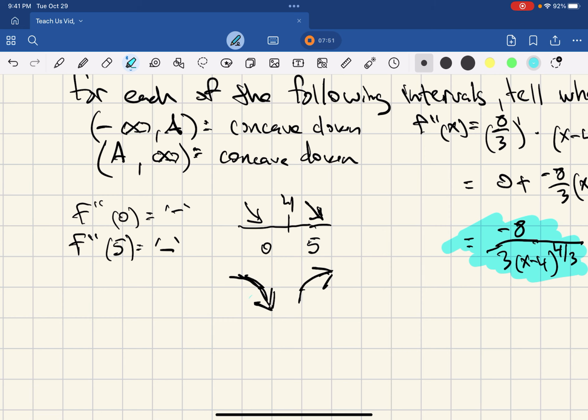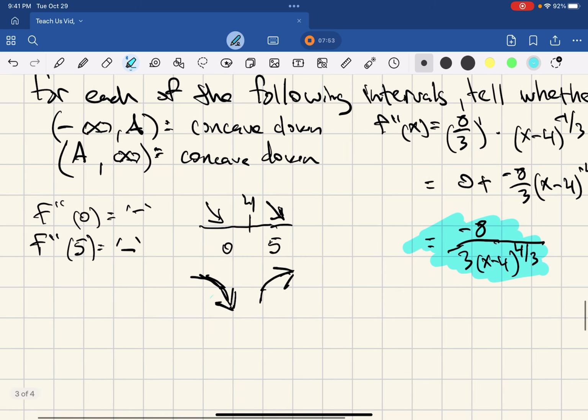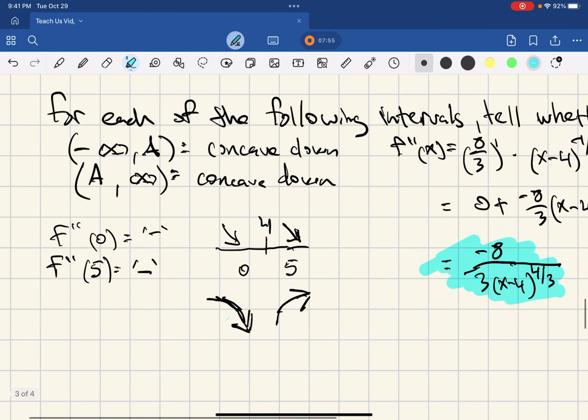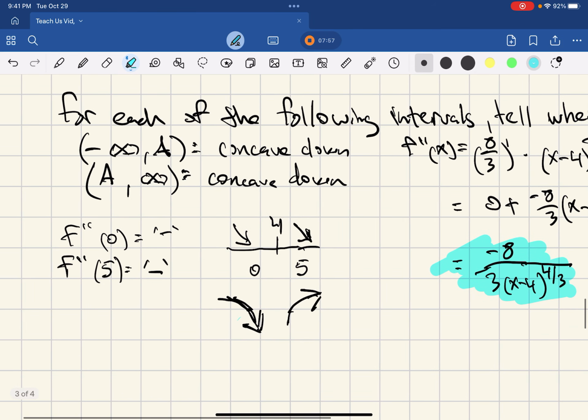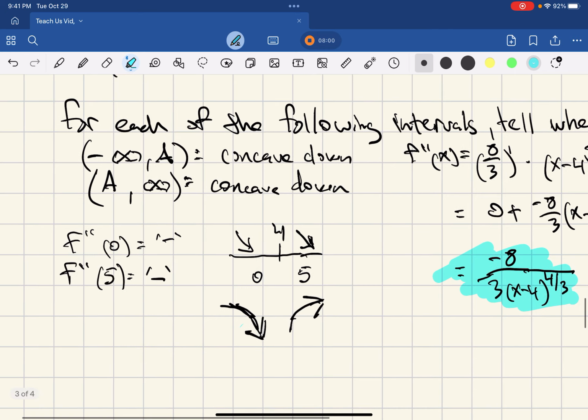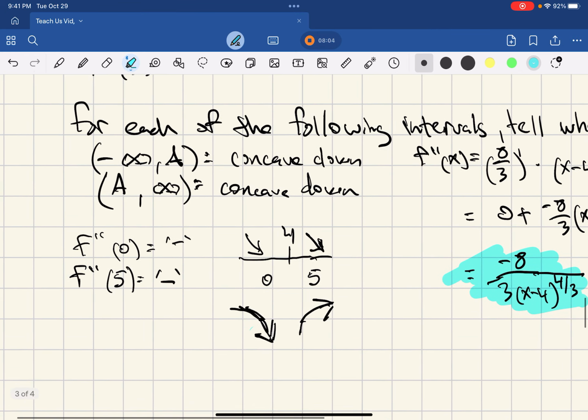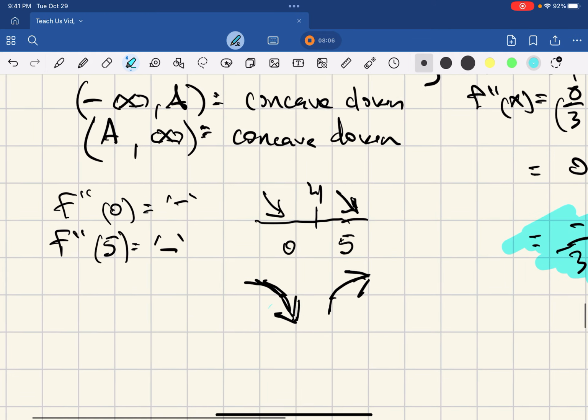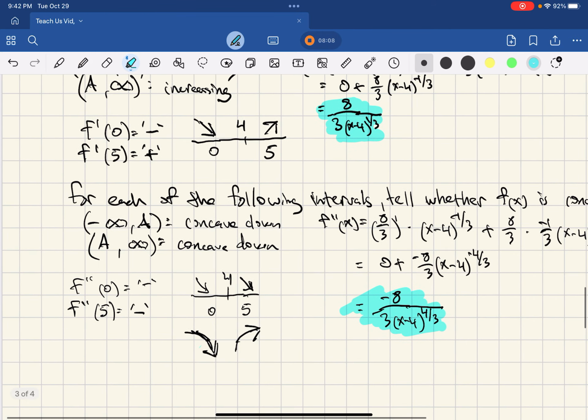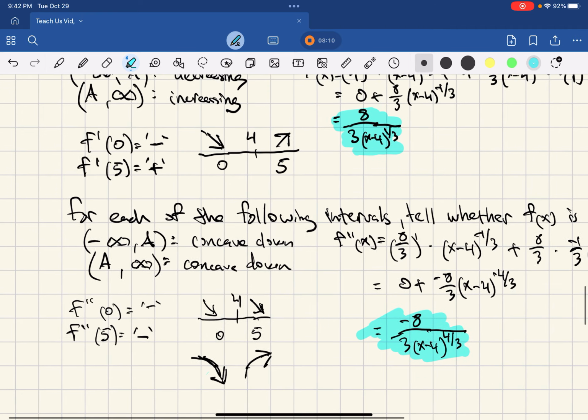For f double prime of 5, I also get a negative value. So when you get a negative value, we get concave down.